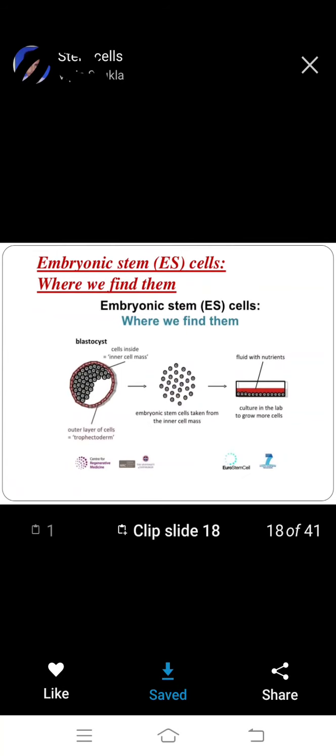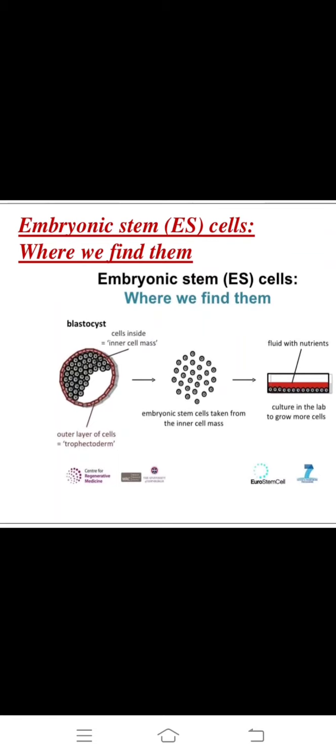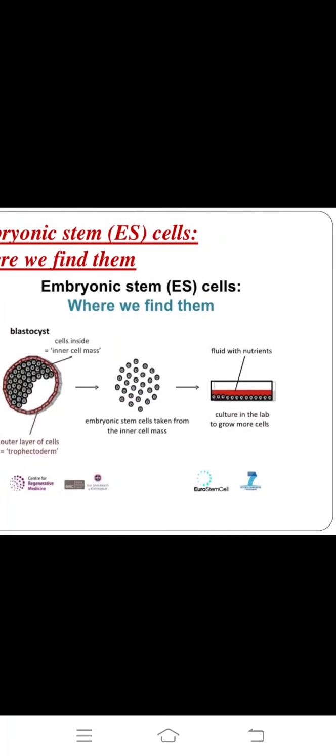They are found only in the blastocyst. In the blastocyst, the cells inside are the inner cell mass, and there is an outer layer of cells. Embryonic stem cells come from the inner cell mass only, not the outer. Okay, embryonic stem cells are taken from the inner cell mass, very important for MSc. They are cultured in the lab with nutrients to grow more cells.